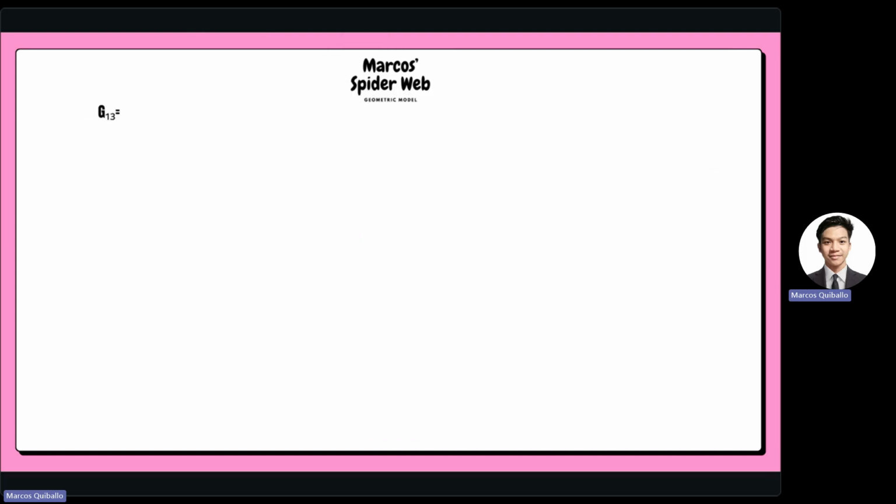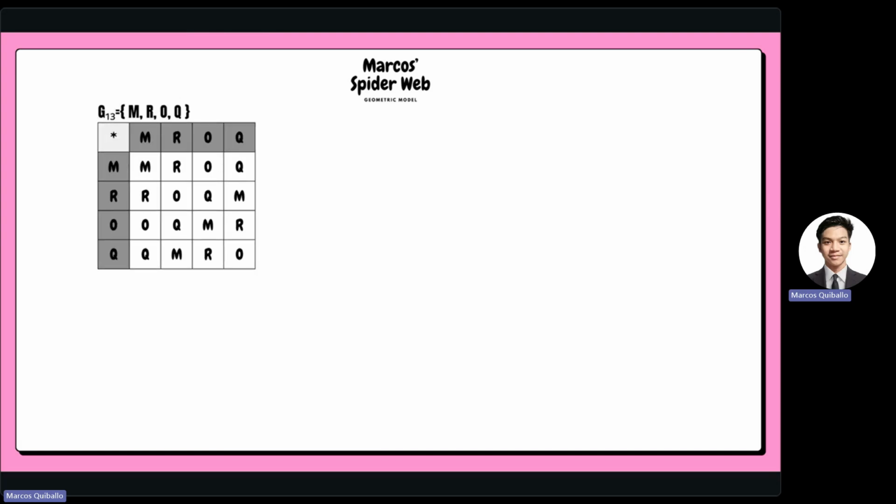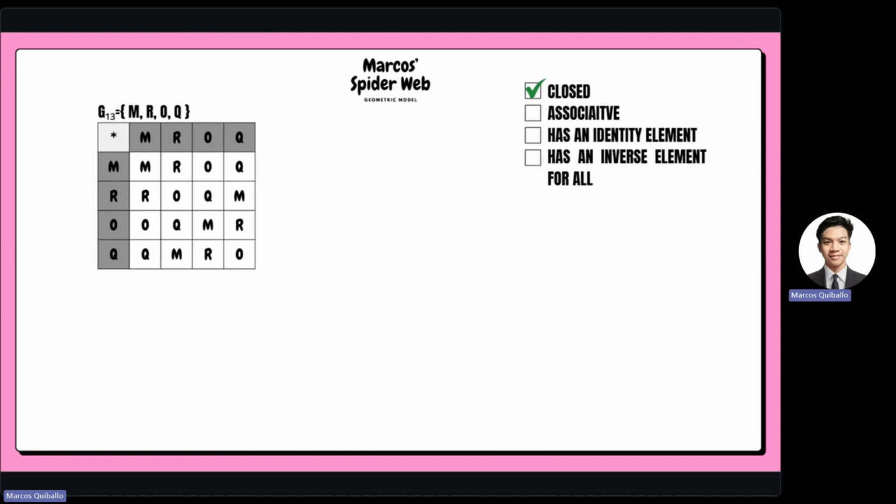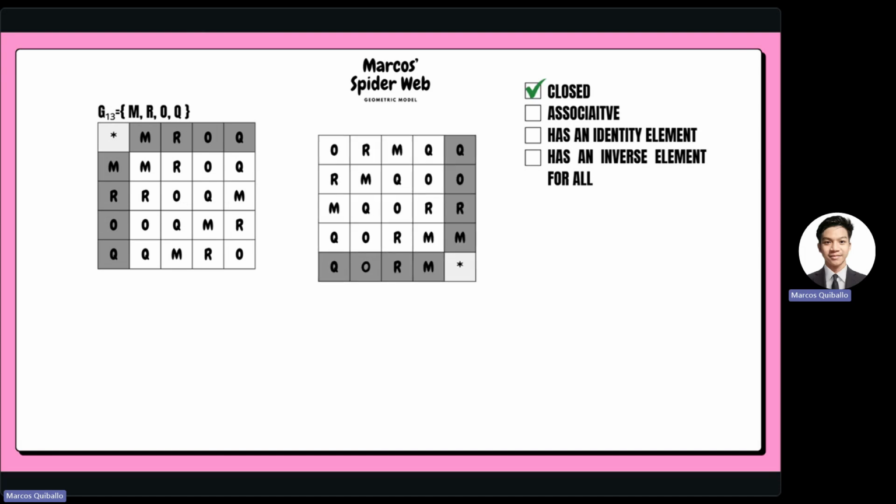So next one, G sub 13. G sub 13 has the elements M, R, O, Q. So this is our table here. Determine if it is closed. It is closed because all the outputs are in our set. When we rotate the table 180 degrees, this is the output. Here it is not equal to the resulting elements in the table.